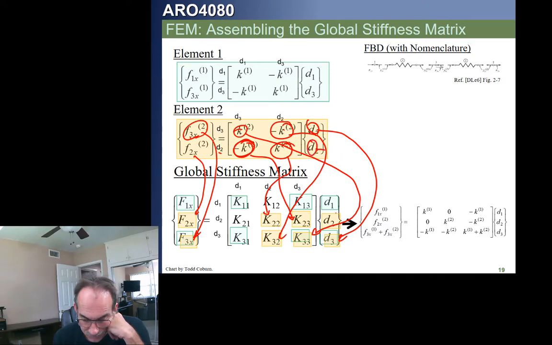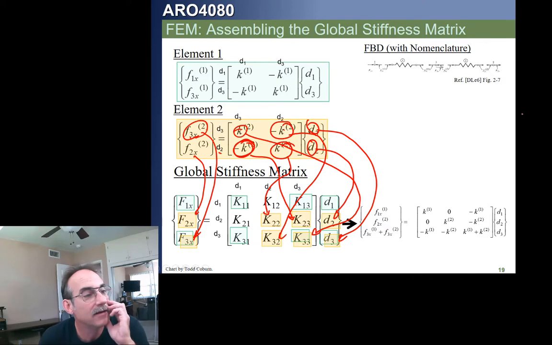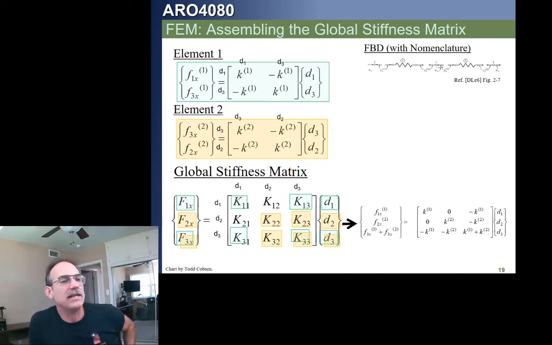D2 goes there. That's how that works. So with that said, we can look at this and say, okay, that means the only F1 was coming from element 1.